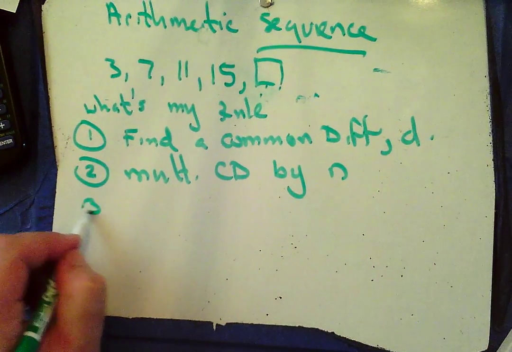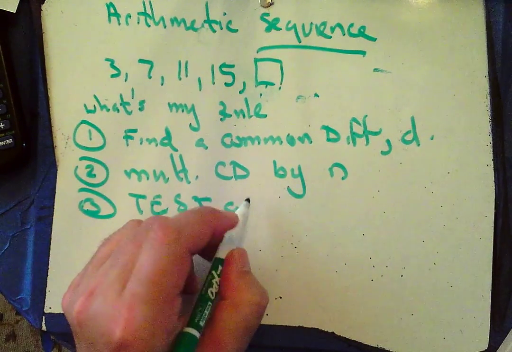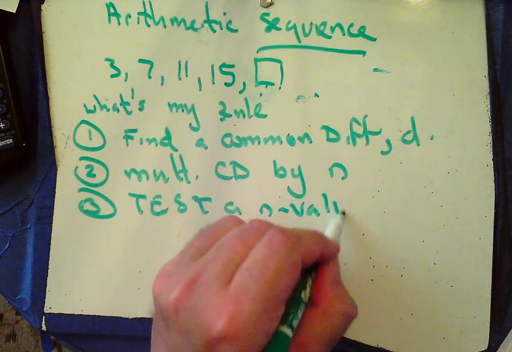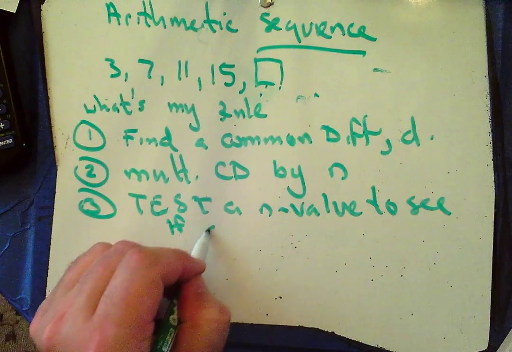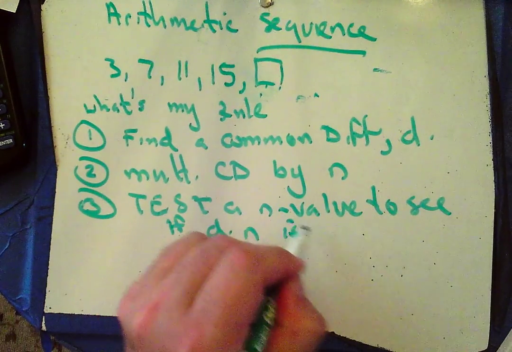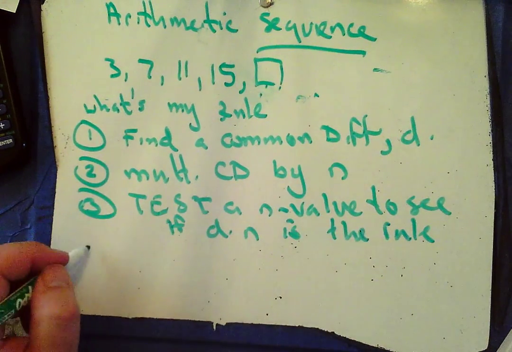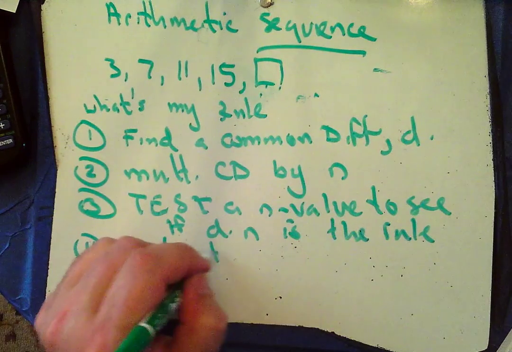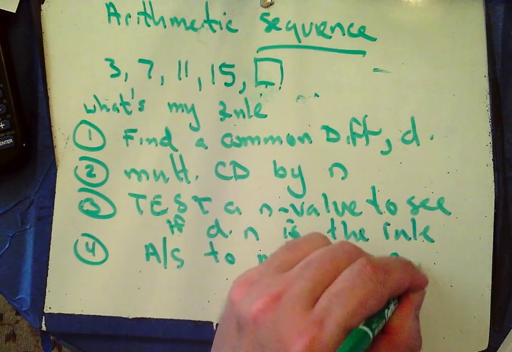Step 3, I'm going to test an n value to see if d times n is the rule. Sometimes it is, but if it isn't, step 4, I'm going to add or subtract to make the rule work.